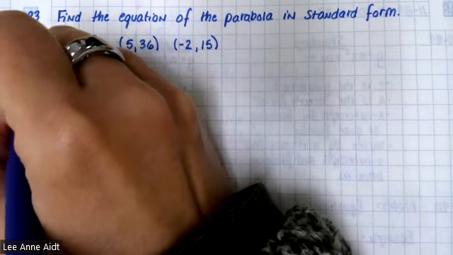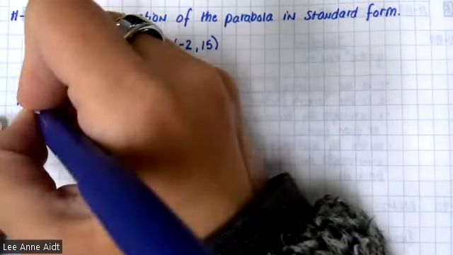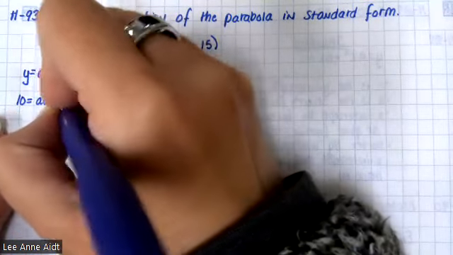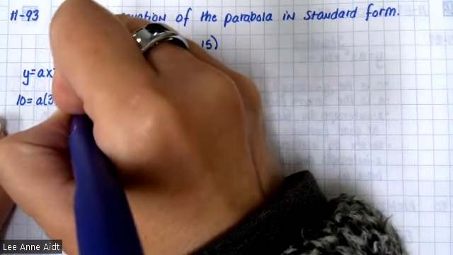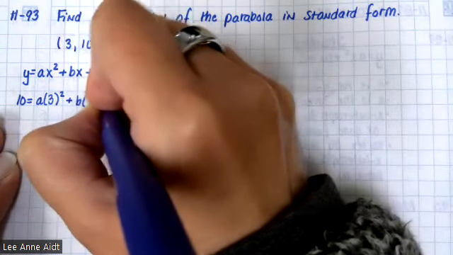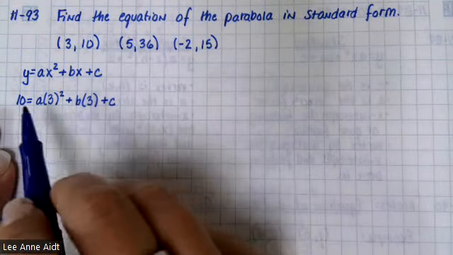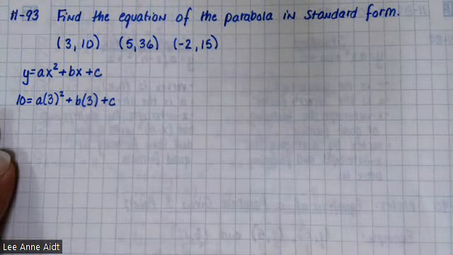All right. So 10 equals A times 3 squared plus B times 3 plus C. Do you see where that came from? Excellent.